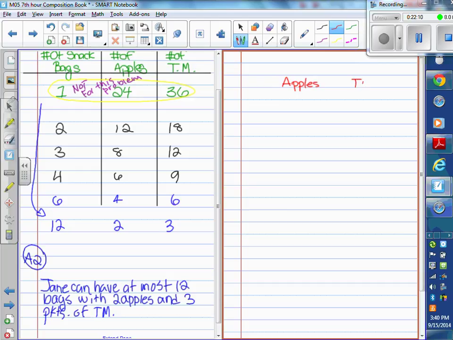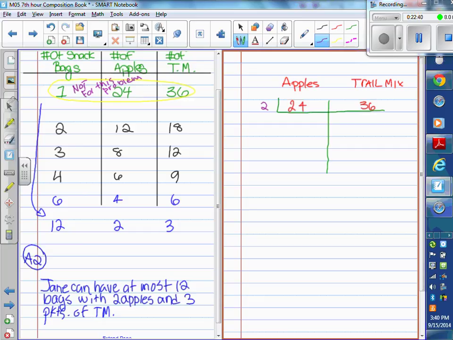So if you had apples and trail mix, and you knew that you had 24 apples and 36 packs of trail mix, the ladder is a really nice method, because then you don't have to have all the lists if you just need the most number of snack packs you can make. So you can just use the ladder, and the ladder method just takes out those common factors.